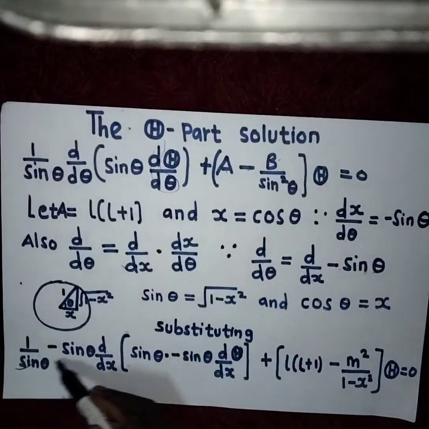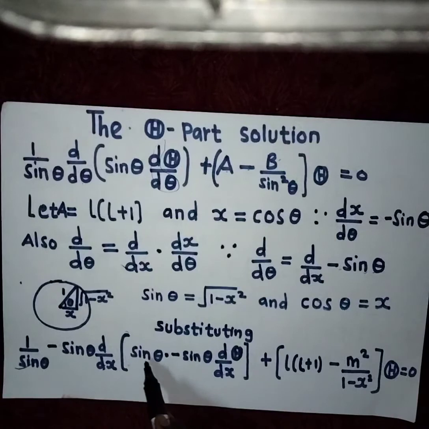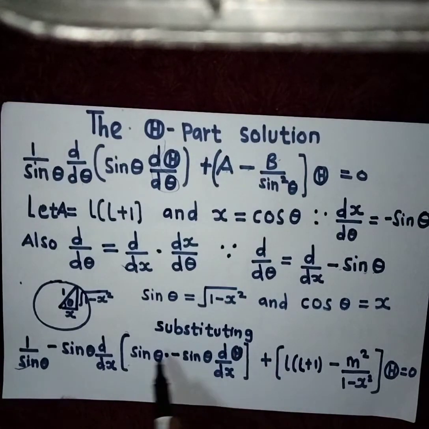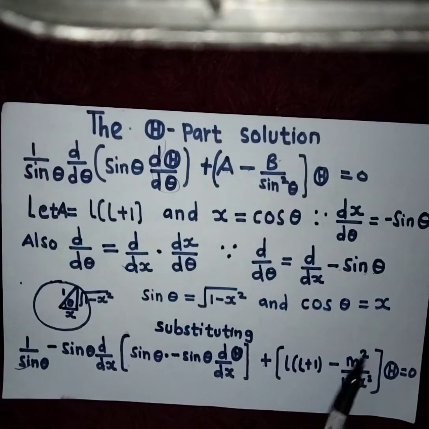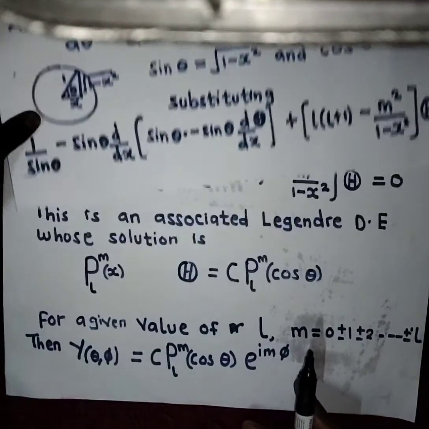So this one cancels this. I remain with negative d dx. Then inside here I'm going to have negative sine theta multiplied by sine theta is sine squared theta. Then negative, I bring this negative inside, so that it will now be positive. So inside here I'm going to have sine squared theta d theta over dx plus L into L plus 1 minus m squared over 1 minus x squared operating on theta. So the next thing I'm going to do is rearranging that.